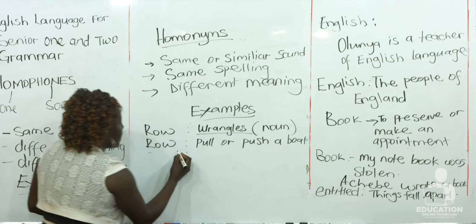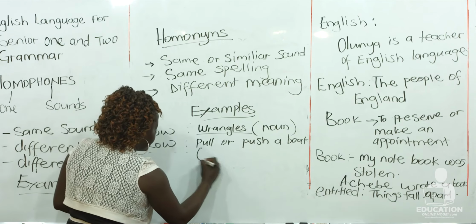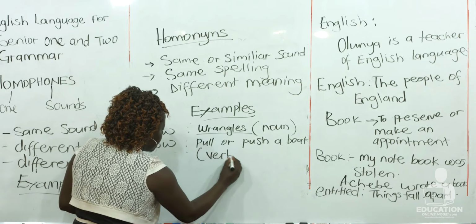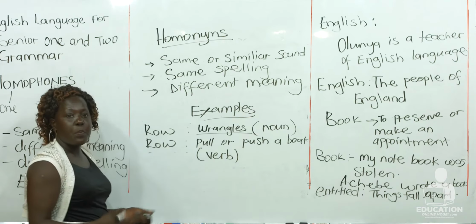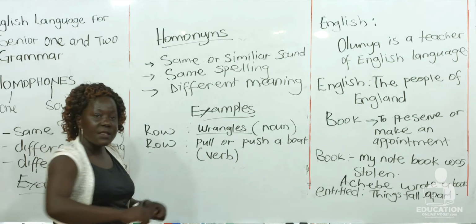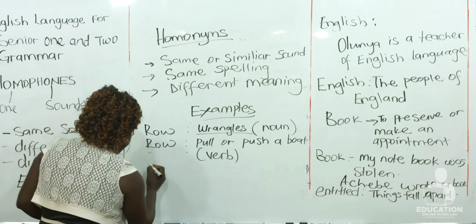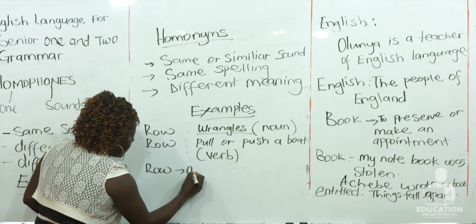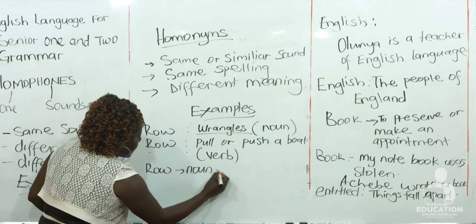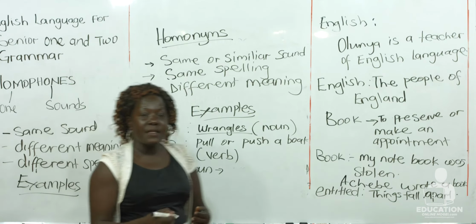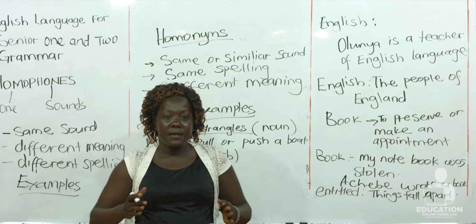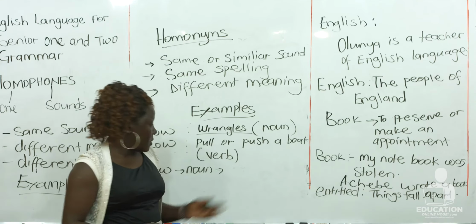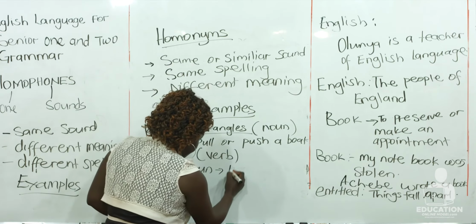Now here it changes into a verb. Action now. To pull or push it. Then another one is still a noun. The third one is now a noun, which means lines which are side by side.